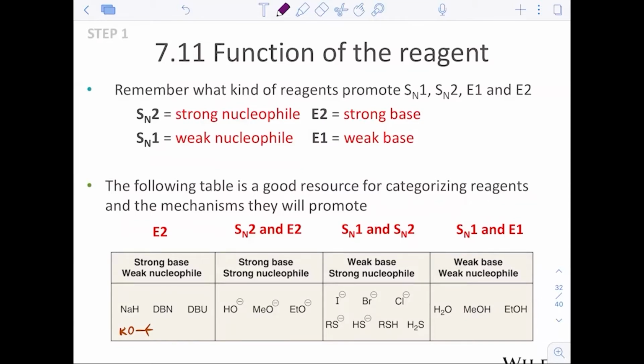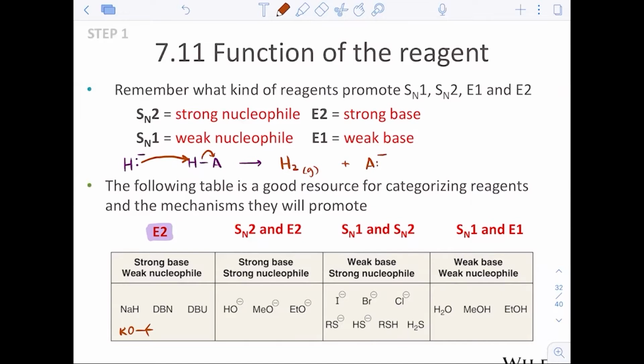A strong base, but a weak nucleophile, these are things that only like to do E2 reactions. H minus 1 is a strong base because when it reacts as a base with a generic acid, the proton transfer that occurs generates H2 gas and an A minus.